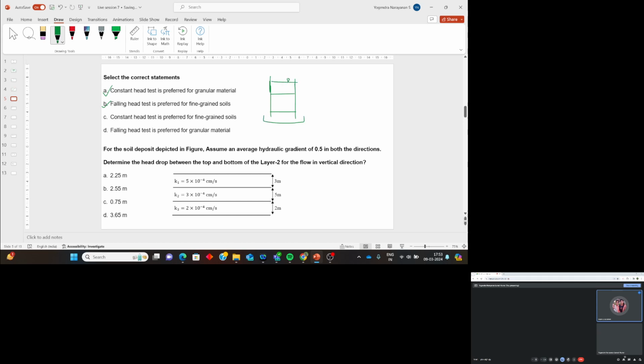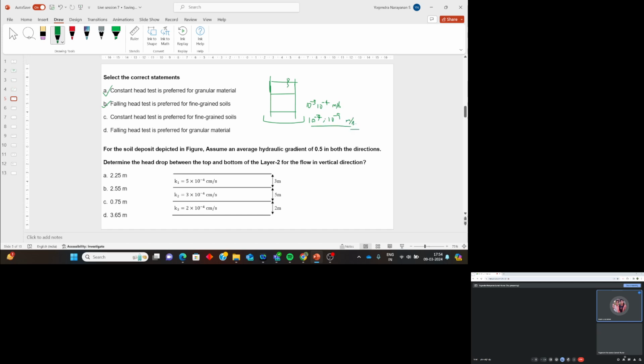Now if it is coarse grain material or granular material, its hydraulic conductivity will be in the range of 10 power minus 3, 10 power minus 4 meter per second. In case of fine grained soils, it will be 10 power minus 4, 10 power minus 7, 10 power minus 9 approximately meter per second.